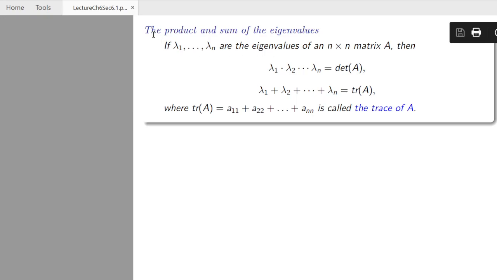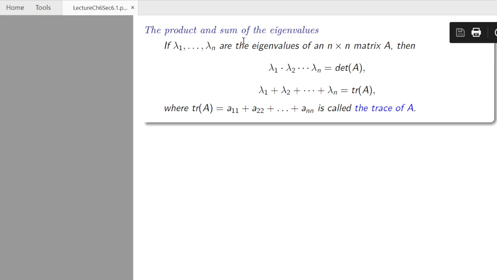We consider the product and the sum of the eigenvalues. We assume lambda 1, lambda 2 to lambda n are the eigenvalues of the n by n matrix A. Why do we get n eigenvalues?